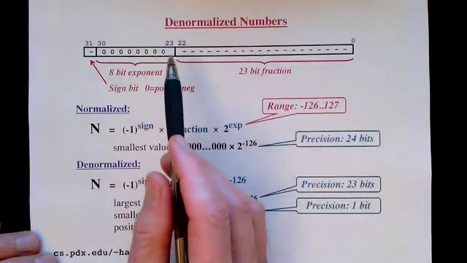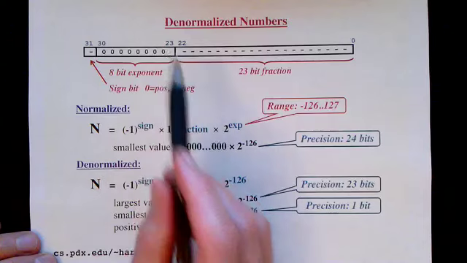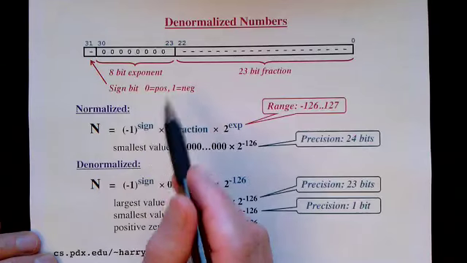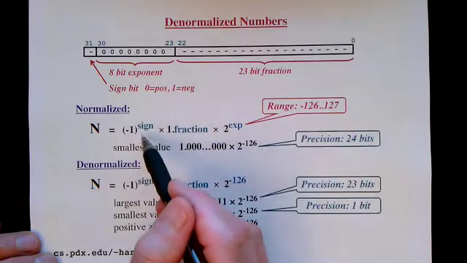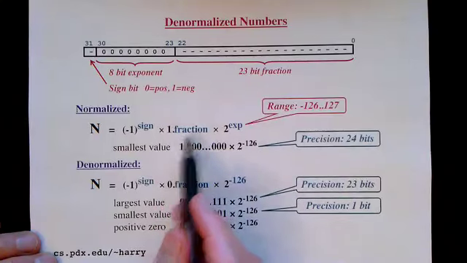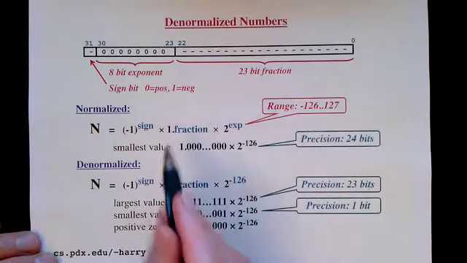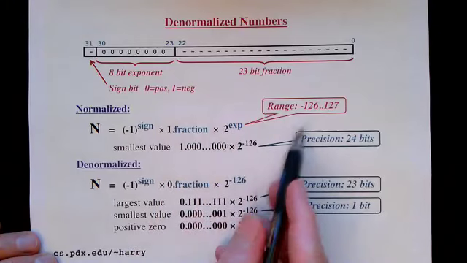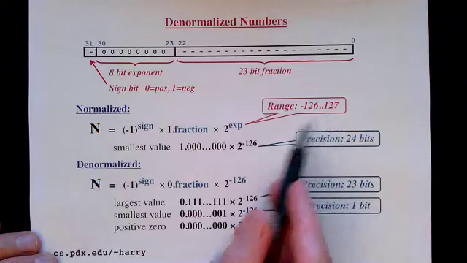What number is represented by this bit pattern? Well, the sign of 0 or 1 means either positive or negative. In a normalized number, we take the fraction and we put it right after 1 and a binary point. And we have an exponent that's in the range of -126 to 127.